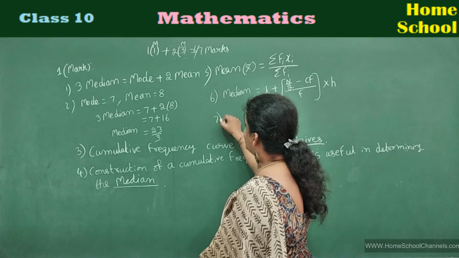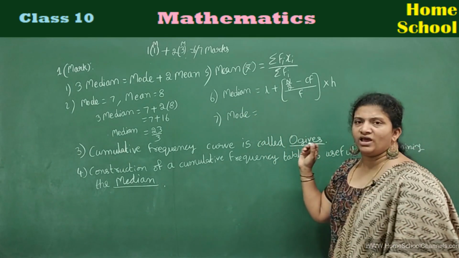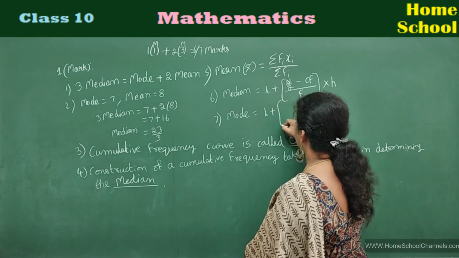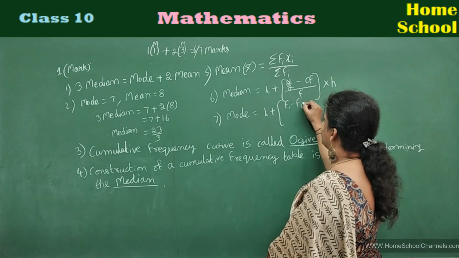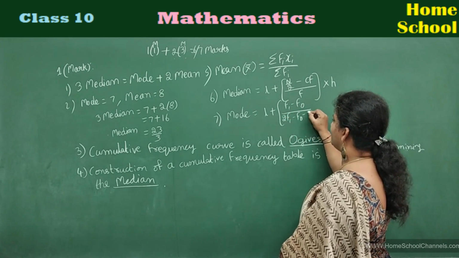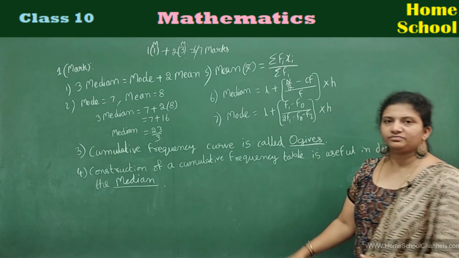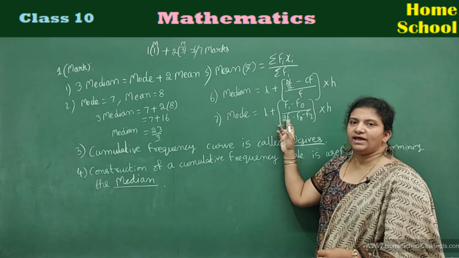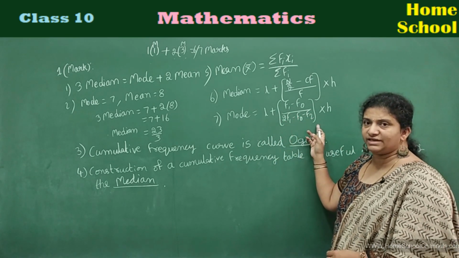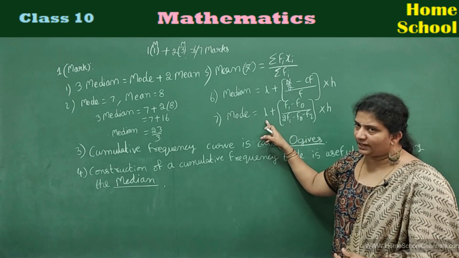And your next question, mode. What is the formula for mode? Mode is equal to L plus F1 minus F0 by 2F1 minus F0 minus F2 into H. L is the lower limit of the modal class.